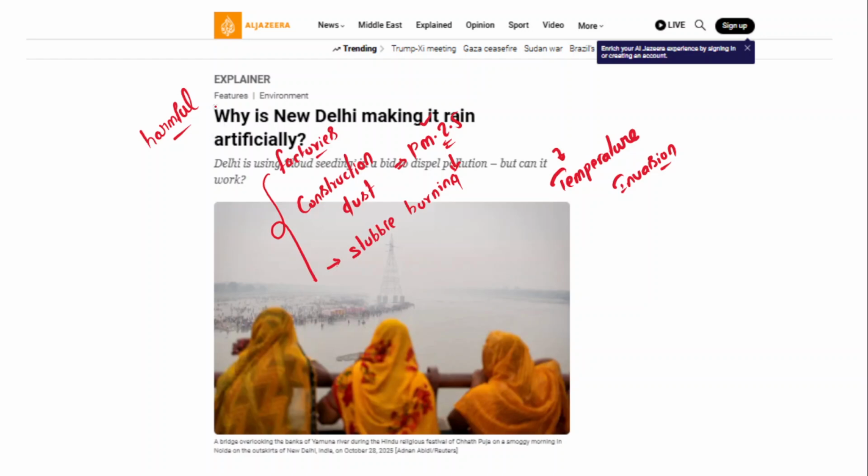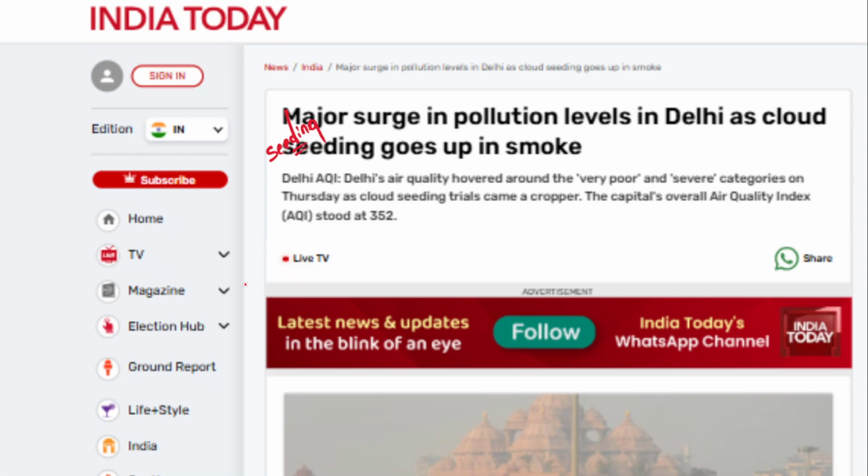Therefore, because of the harmful nature of suspended air particles, Delhi has been initiating artificial rain through the cloud seeding method. This is the reason Delhi has initiated a first of its kind cloud seeding. We'll understand how cloud seeding actually works.